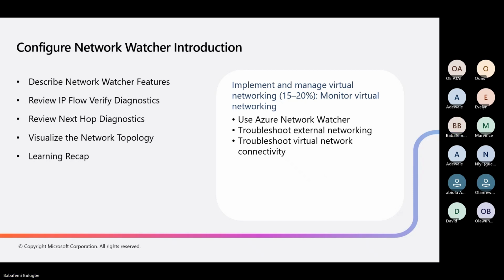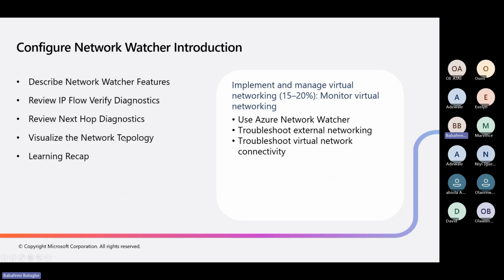Let's say we created our routing table and users are not able to get to our resource. You can see the next hop diagnosis. You can see how the traffic is flowing, and that's what we call the IP flow. You want to even visualize your network topology.